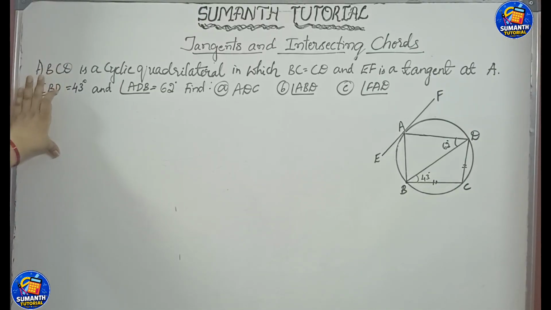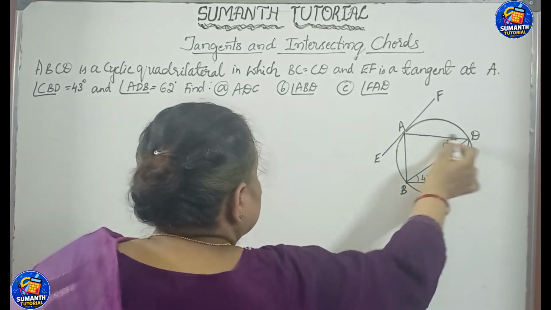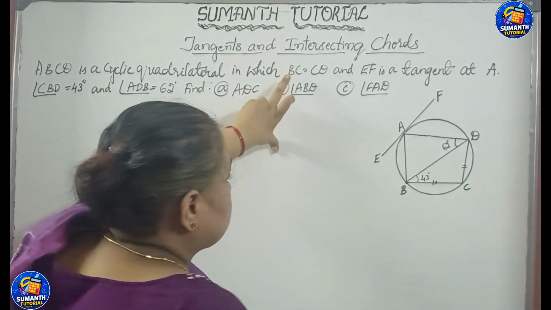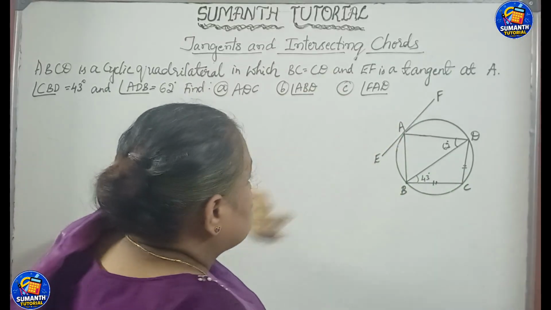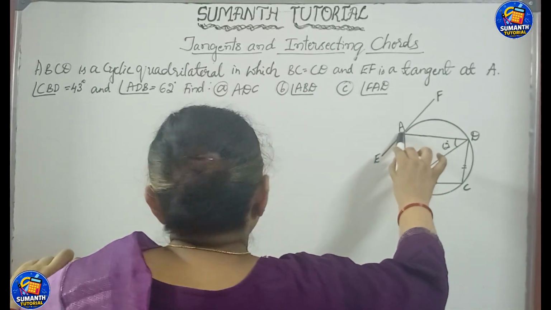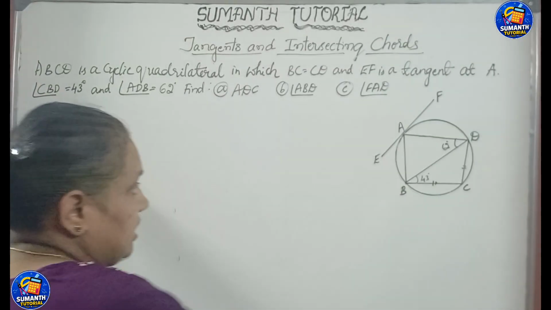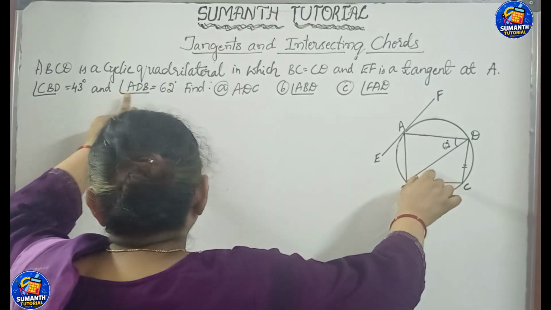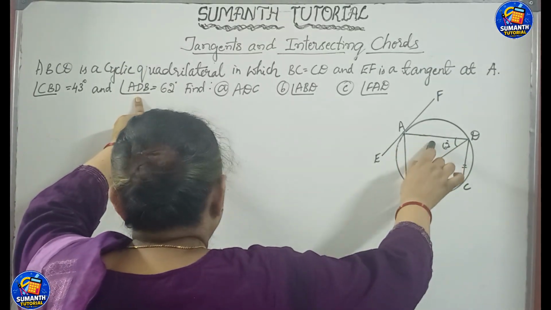The next question is ABCD is a cyclic quadrilateral. So ABCD is a cyclic quadrilateral in which BC is equal to DC given and EF is a tangent at A. Next is angle CBD is given as 43 degree. Angle ADB is 62 degree.